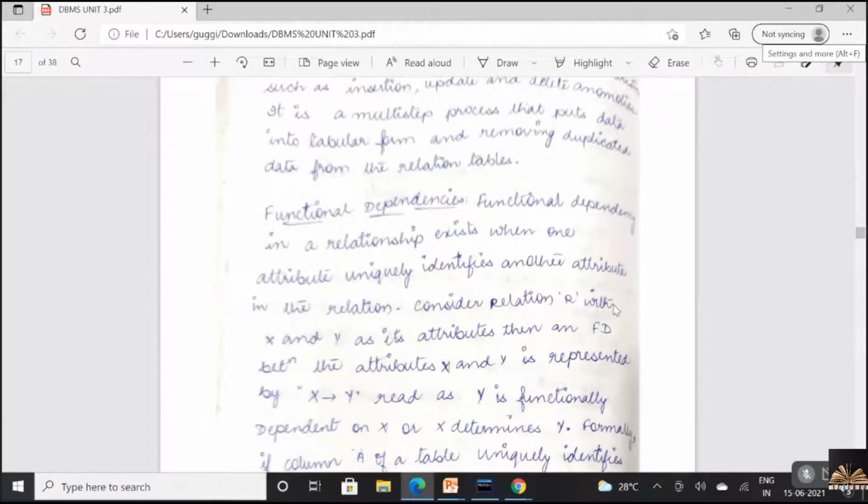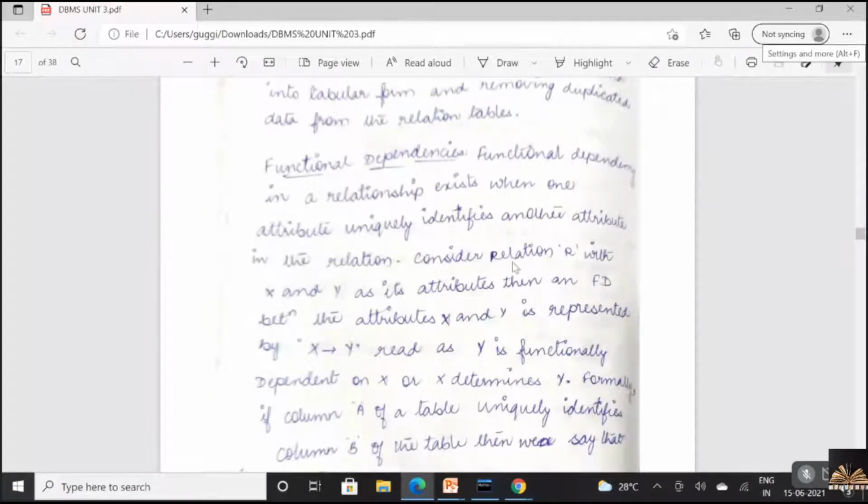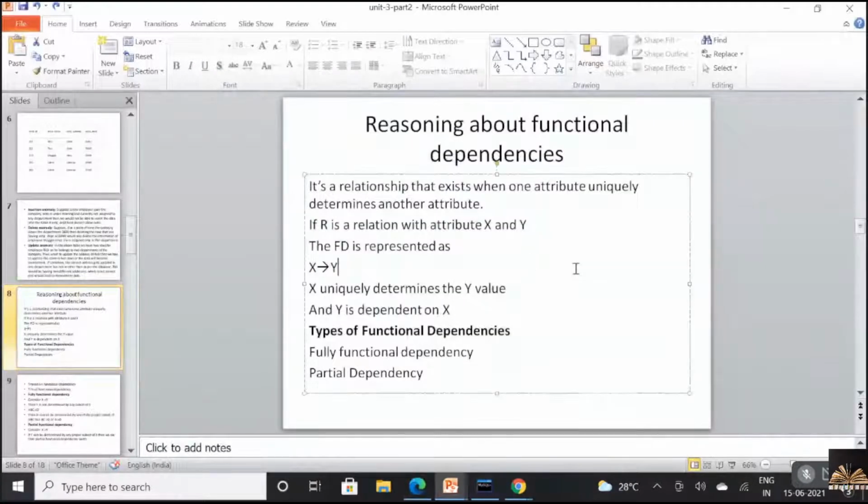Now, how I represent that would be, consider a relation capital R. I have got a relation R in which X and Y are the attributes. I'm just trying to put the example into a relation format. R is a relation, which is nothing but your database, with X and Y as its attributes.